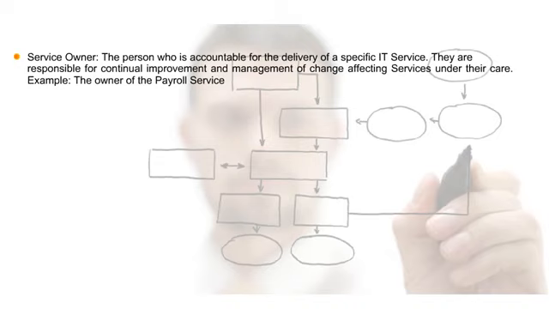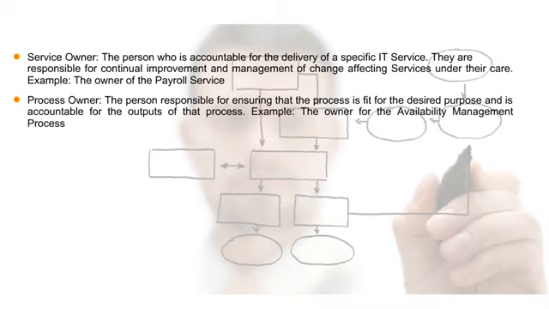Example, the owner of the payroll service. Process owner, the person responsible for ensuring the process is fit for the desired purpose and is accountable for the outputs of that process. Example, the owner for the availability management process. Let us move on to our next slide.